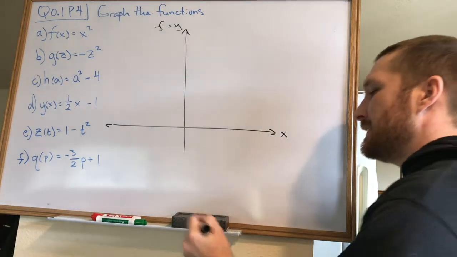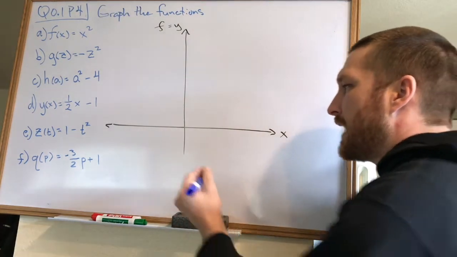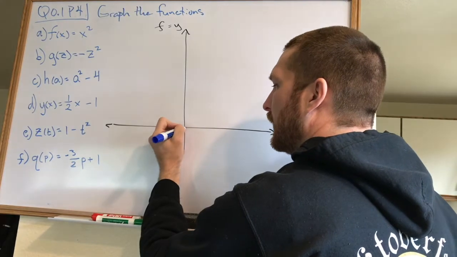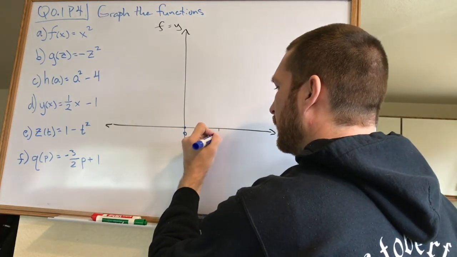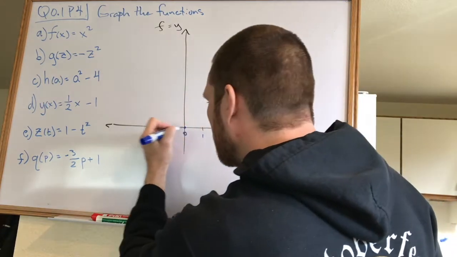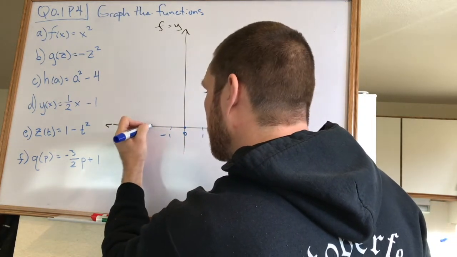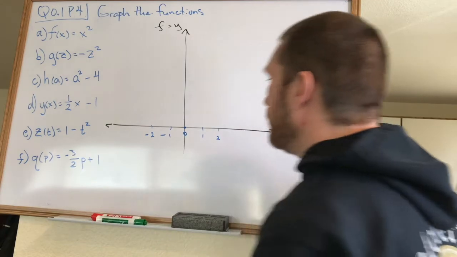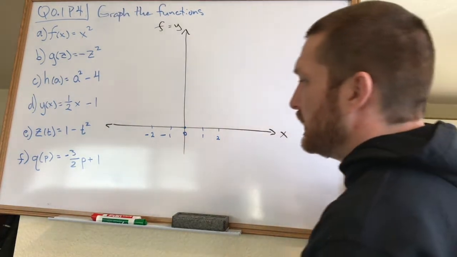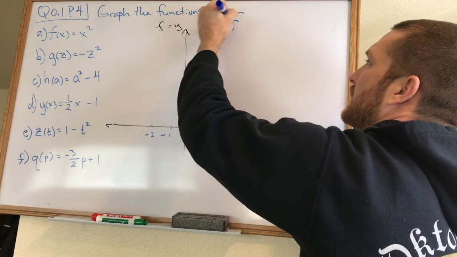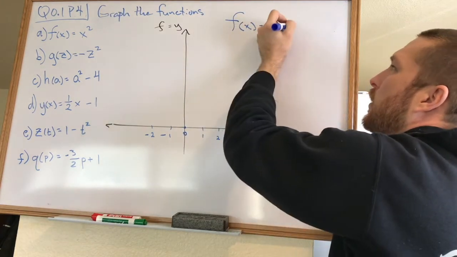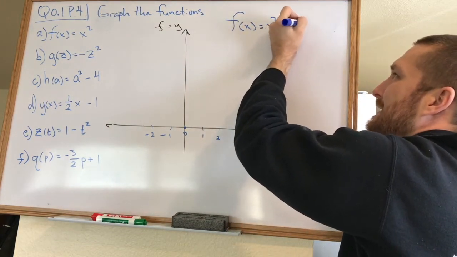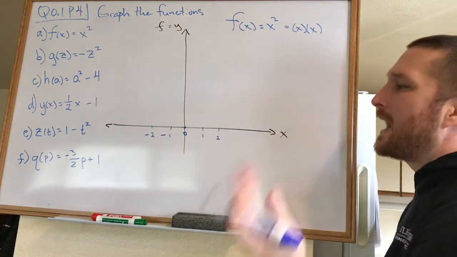But yeah, okay. So let's think about some different x inputs that we have. We're gonna do, how about 0? What f says to do is take your input value and square it. That is, multiply it by itself, whatever that input value happens to be.